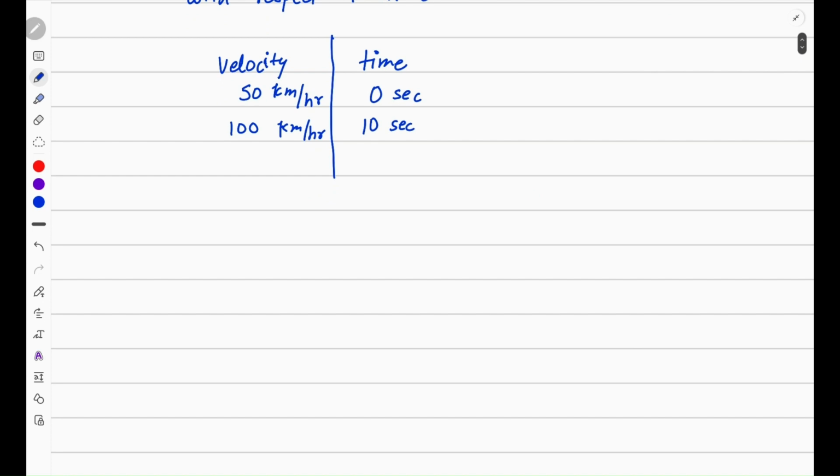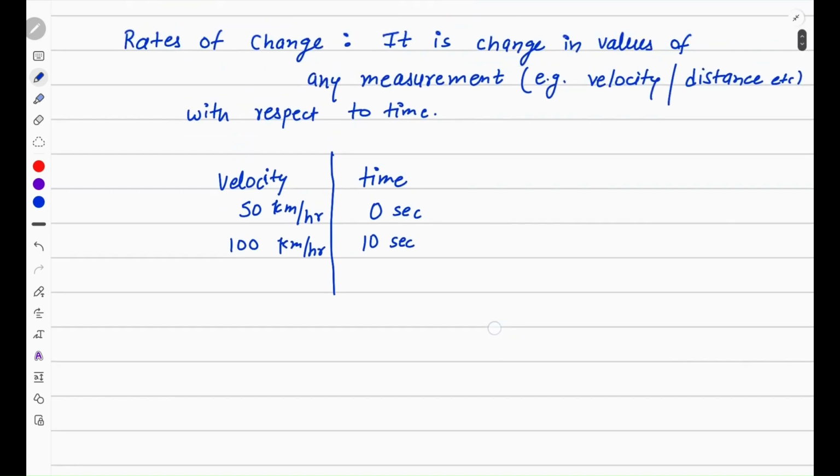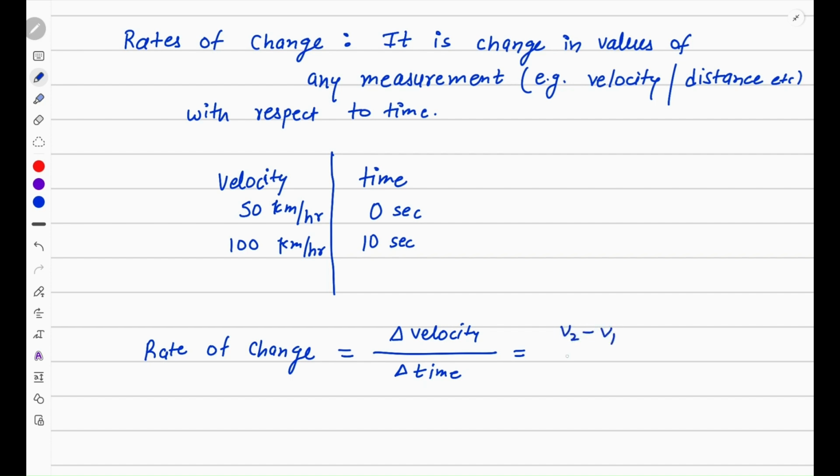If I ask what is the rate of change, the rate of change is how much the change in the velocity is over how much the change in the time is. So it is (v2 minus v1) over (t2 minus t1).